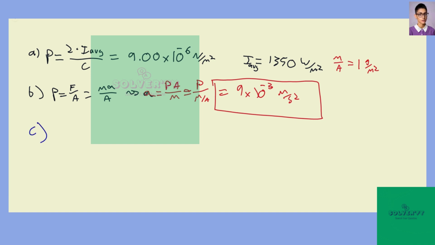And then finally, for part C, we want to put a payload on this and accelerate it, and we want to accelerate a 100 kilogram mass at about 1 times 10 to the minus 3 meters per second squared.